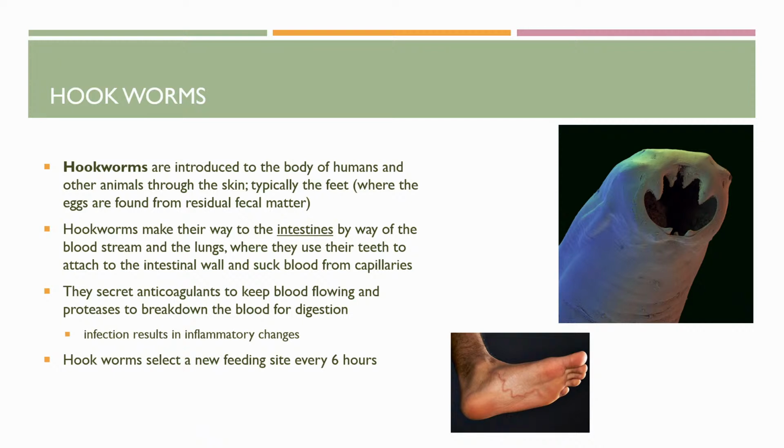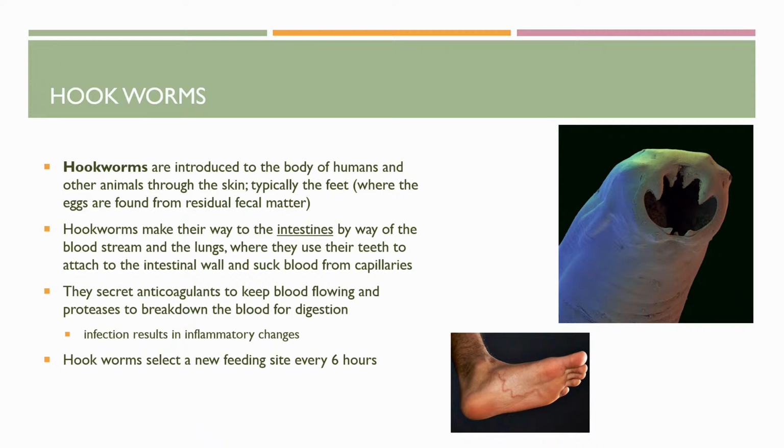Those then make their way to the intestines through the bloodstream, and they use their teeth to attach to the intestinal wall, and then they suck blood from your blood vessels and capillaries. And then they secrete anticoagulants, basically things that allow the blood not to coagulate.